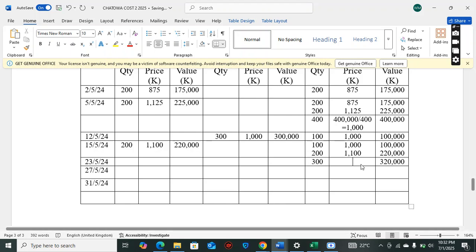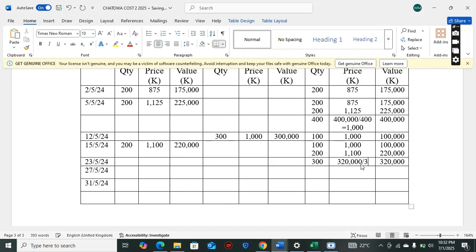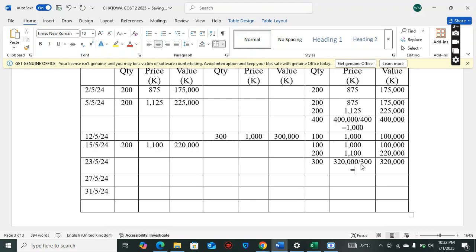So we're going to say 320,000 divided by 300, and we get 1066.66.